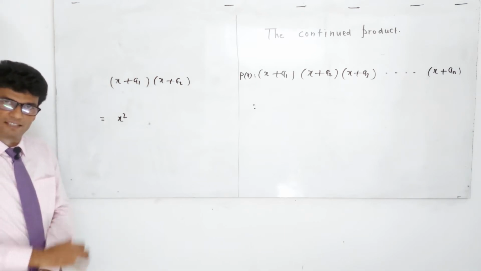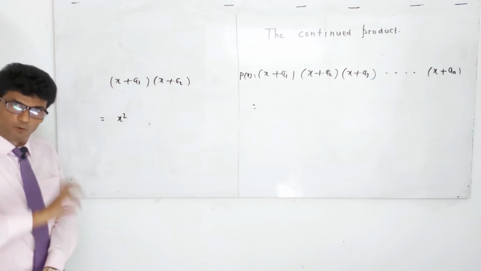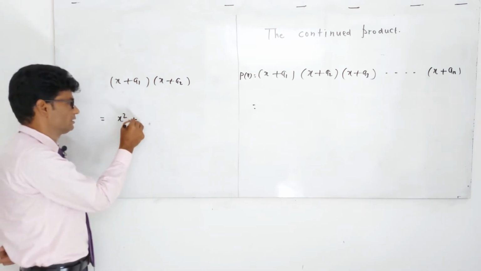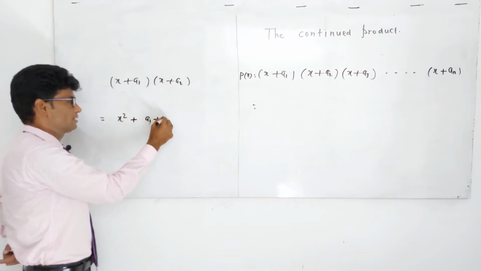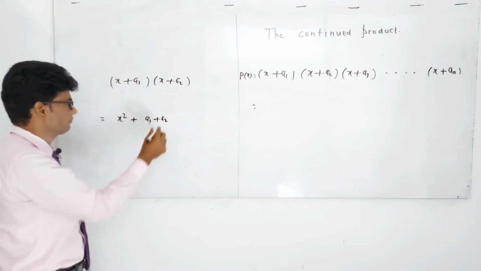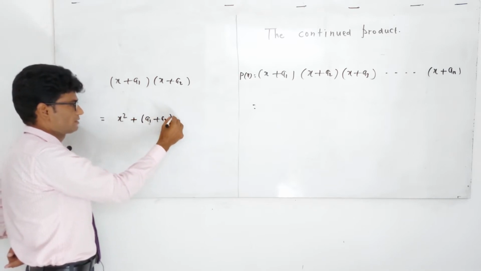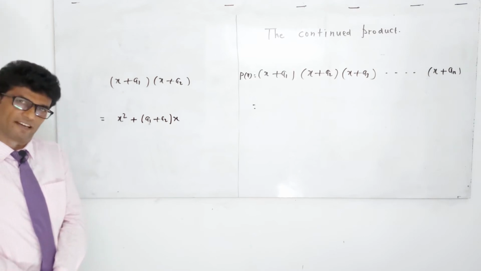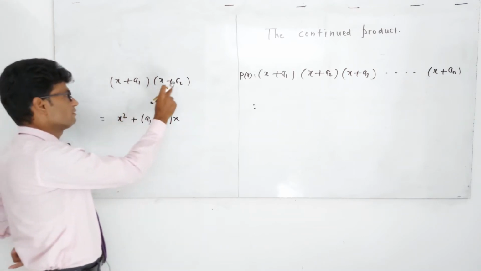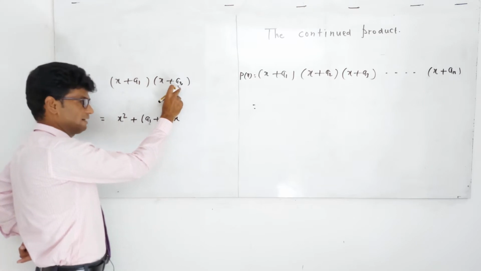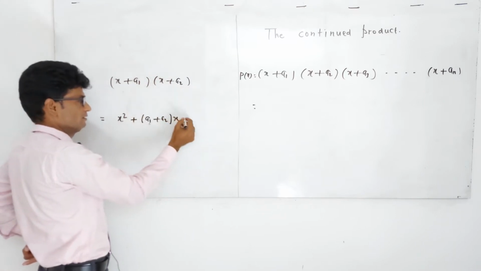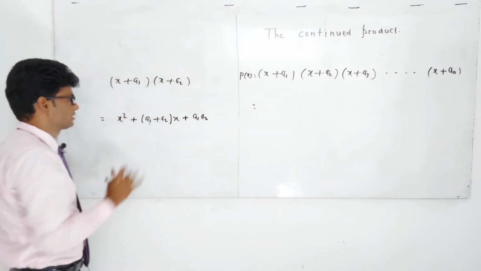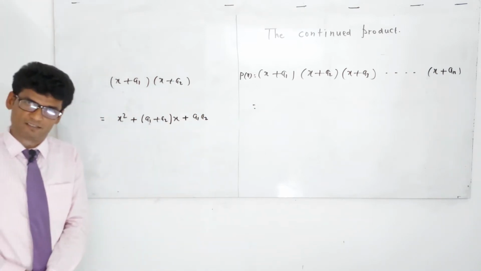Obviously x is common in both the multiplications. So take x common and write a1 plus a2 into x. Now lastly, take numbers from both the factors. So a1 and a2 multiply together, and we will get a1a2. Now this completes the multiplication of these two factors.